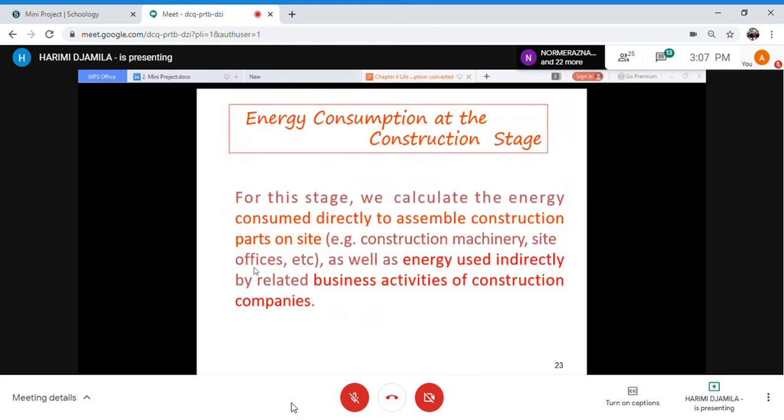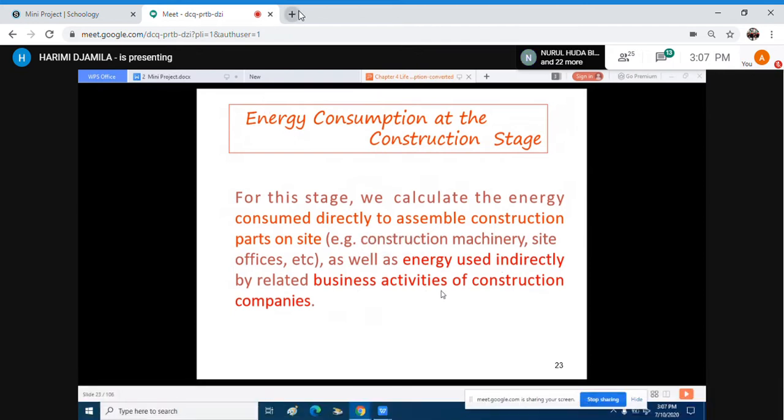So here, there will be an office, machinery, and other items as well. All should be considered in the energy consumption at the construction stage. We also include energy used indirectly by related business activity of construction companies, meetings, anything else.